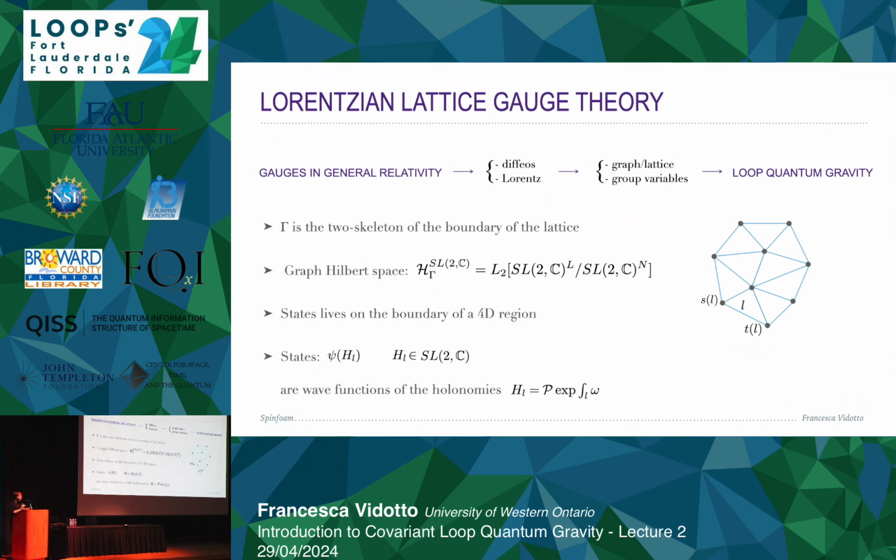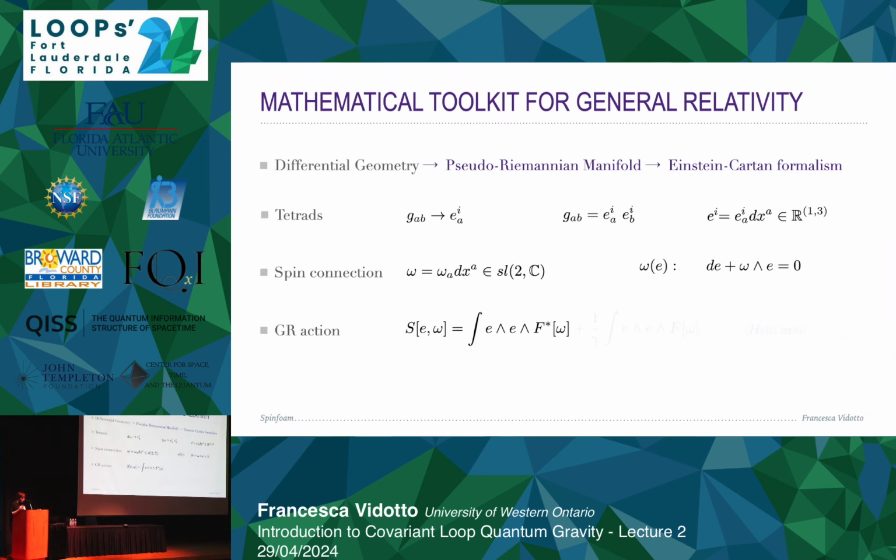And to do this, it's important that we make a step back, and I remind you some of the things that you have seen this morning with Christina, just briefly. So Christina this morning was introducing the tetrads that are one-forms, and then the spin connection that, as we said, is in SL2C. And then you can write an action for general relativity, but you need to write it properly.